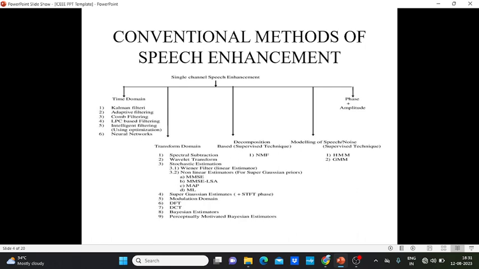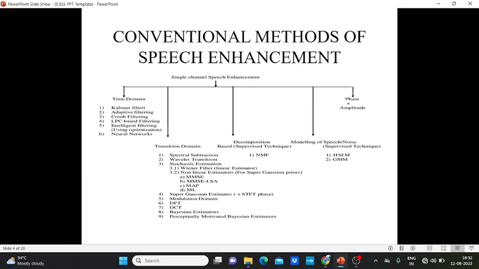These are the basic conventional methods of speech enhancement, and they can be divided into different categories. Time domain approaches include the Kalman filter, adaptive filter, Wiener filter, linear predictive coding based filtering, and neural network. Next, coming to the transform domain: spectral subtraction, wavelet transform, stochastic estimation, Wiener filter, minimum mean square error, DFT, and perceptually motivated Bayes estimation.